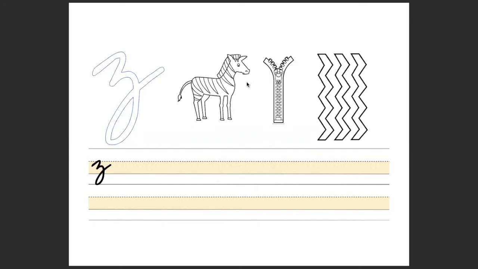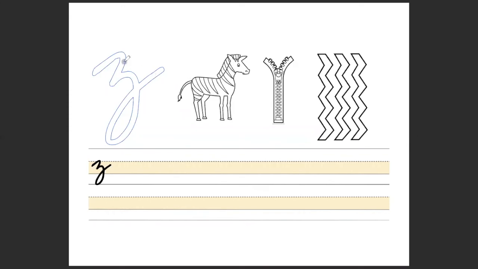Now we're on our last letter, and guess what? This is the very last letter in the alphabet. Who can tell me what sound this letter makes? You're right, this letter makes the Z sound, like a bee goes buzz.